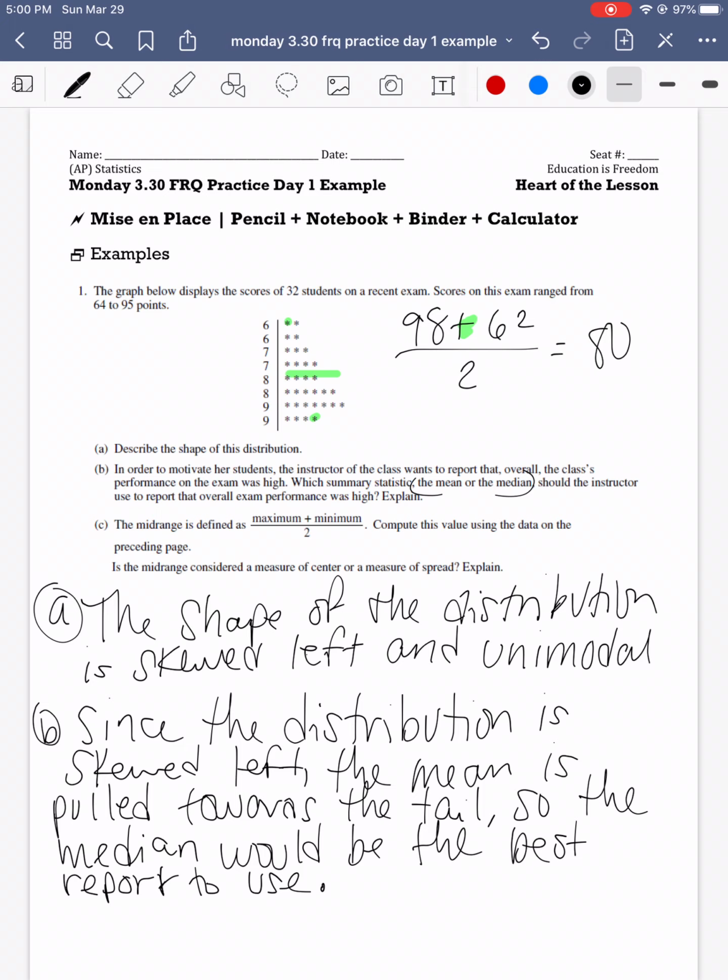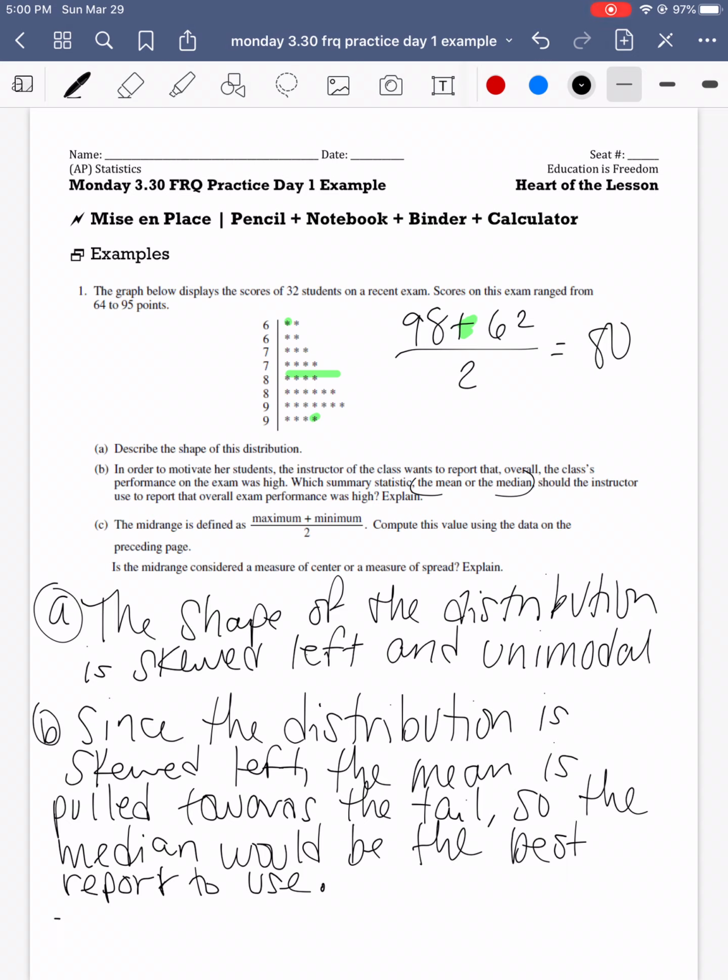So we can say that the maximum is sort of our upper tail. Our minimum is our lower tail. So when we average these two values, we are getting a halfway point, which is a measure of center.